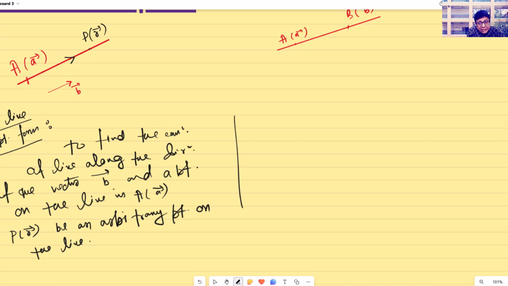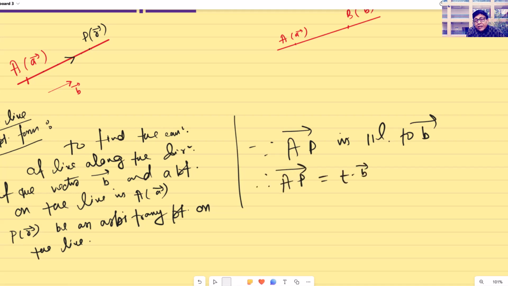Understand? Since AP is parallel with the vector B, therefore you can write AP equal to some scalar times B, where t is a scalar.